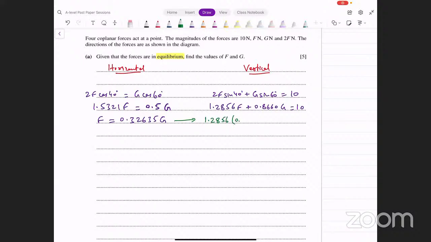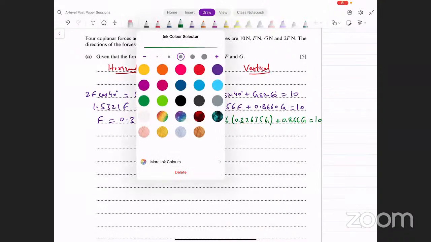I'm going to go and input this there in the other equation, and that becomes 1.2856 into 0.32635 g plus 0.866 g equals 10. Let's evaluate this. This multiplied by 1.2856 plus 0.866, 10 divided by the answer, and that's giving me the value of g, which is... check.